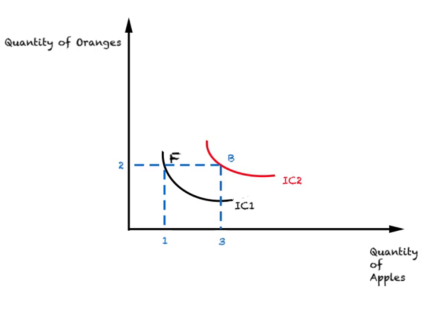Because of the assumption of non-satiety, under B relative to F we have more apples and the same quantity of oranges, or in other words, B must be preferred over F. This must be true. Or in other words, any point on IC2 implies higher level of satisfaction relative to IC1.